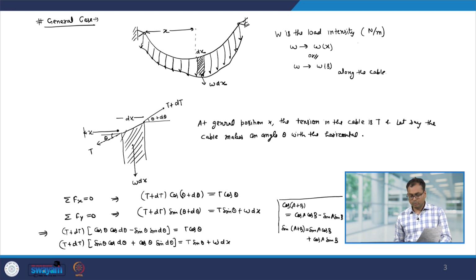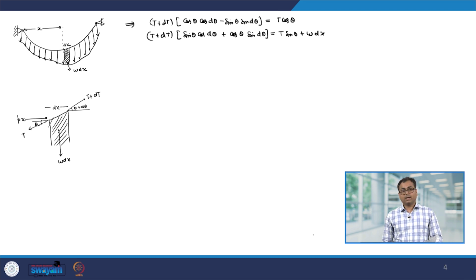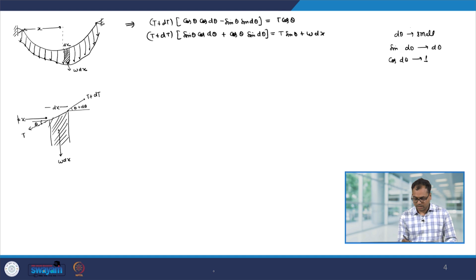plus w dx. Now, under the condition that theta is small, sin x can be approximated as x and cos x can be approximated as 1. Now, under the approximation that d theta is small, we can approximate sin d theta as d theta and cos d theta as 1. Let us put it back above.